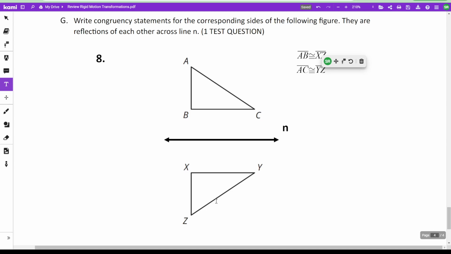All right, so AC is a reflection of YZ, so those are congruent. And lastly, BC is a reflection of XY, so those two are also congruent.